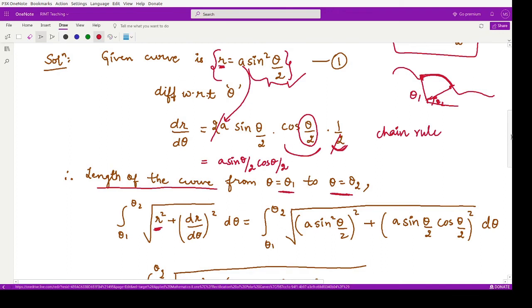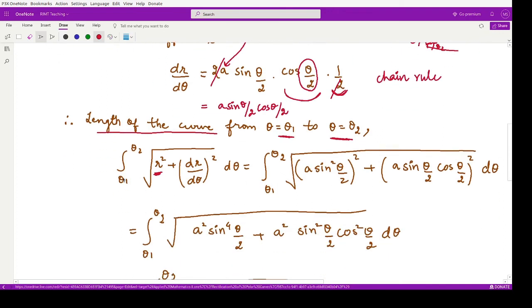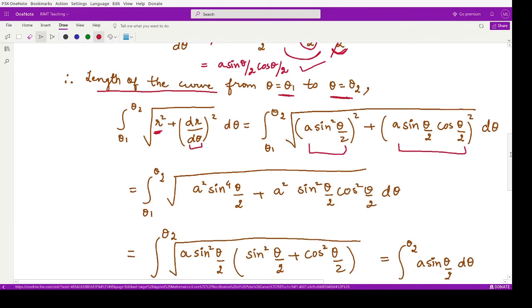To calculate the length of this curve, we perform the integration from theta 1 to theta 2 of the square root of r squared plus (dr by d theta) whole squared, d theta. The value of r is a sine squared theta by 2, which we substitute and square, and the value of dr by d theta is this one. Now you just have to perform the calculation.